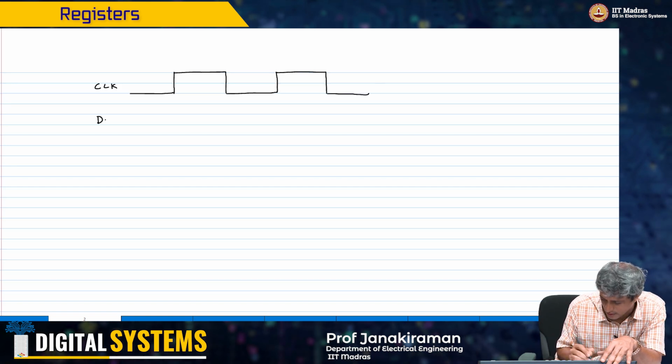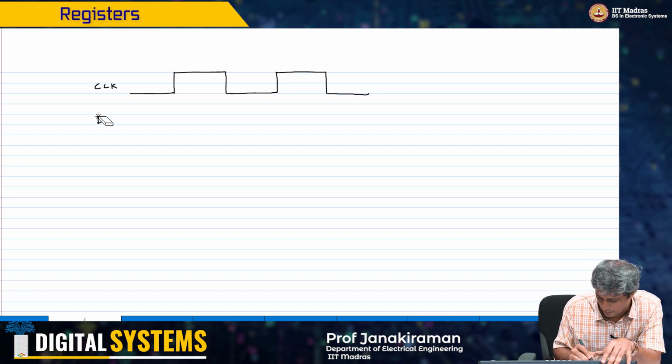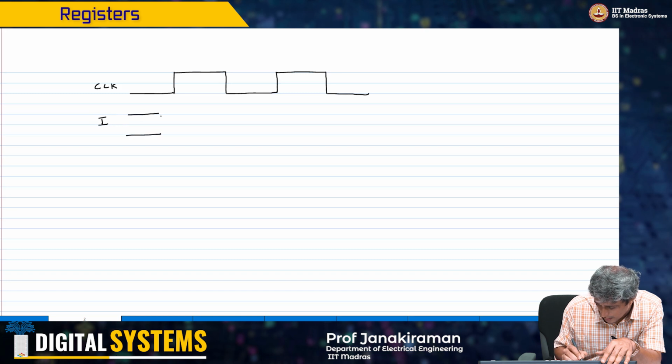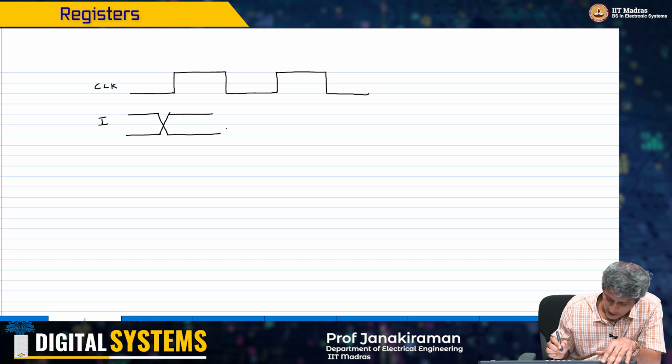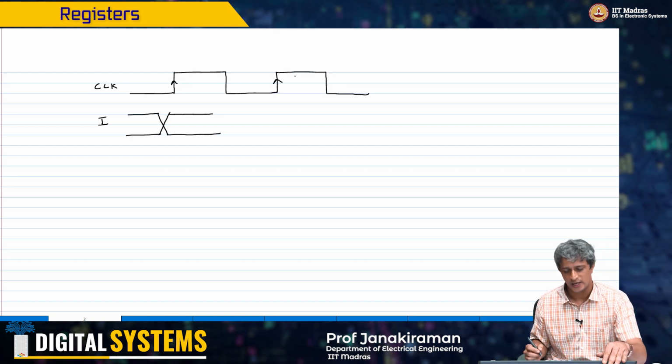So this is my input I, and it's going to settle to the new value, right? This is the sampling edge again, okay?